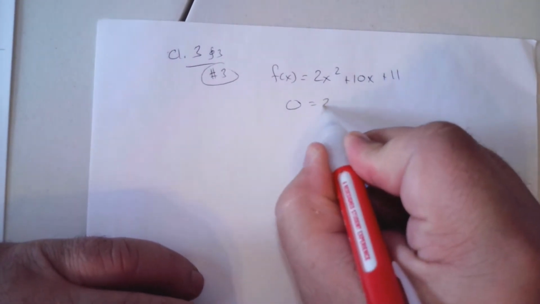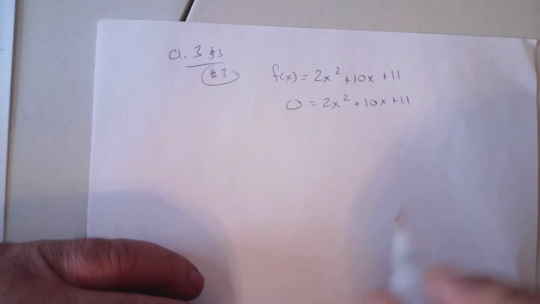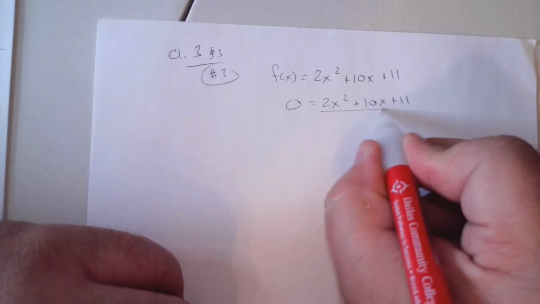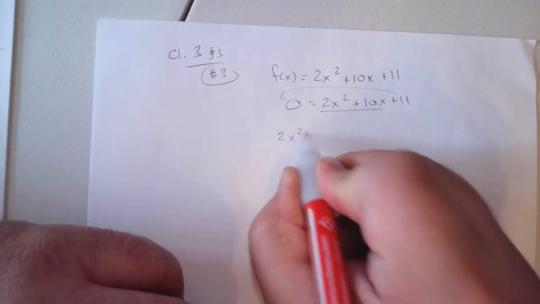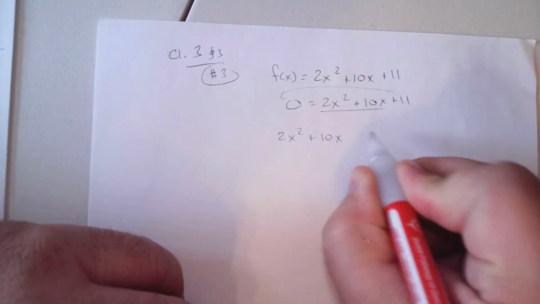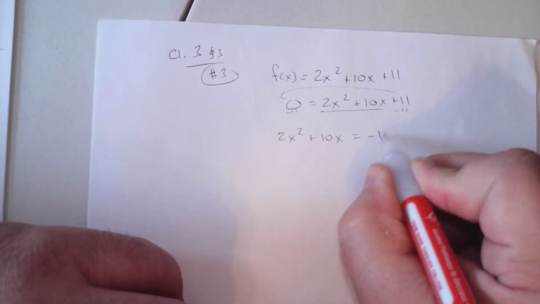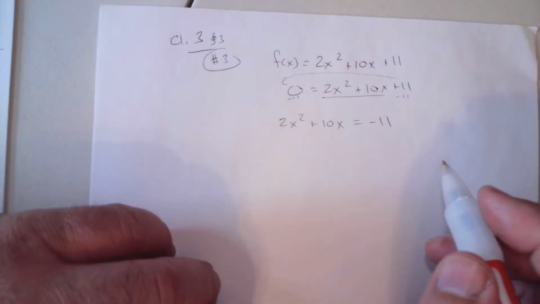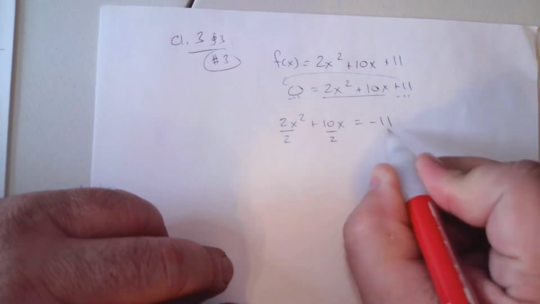Set it equal to 0, so we're in standard form. So we'll have x's on one side, and move the constant to the other side. So we'll have 2x squared plus 10x. Since we have to move it over, we have to subtract 11. So we have negative 11. All I did was move it over, subtract, with the x terms on the left side. I need to have a coefficient of 1, so I divide everybody by 2.